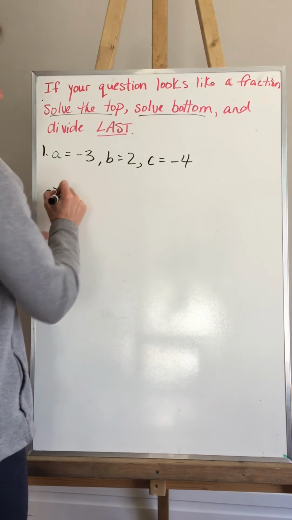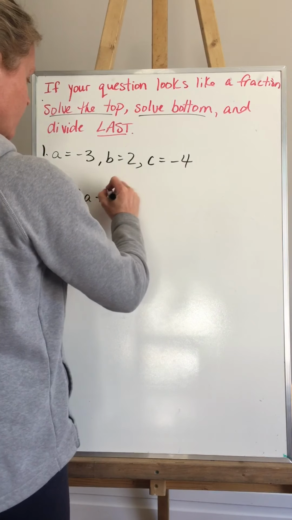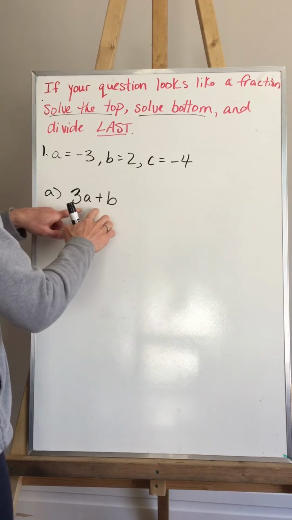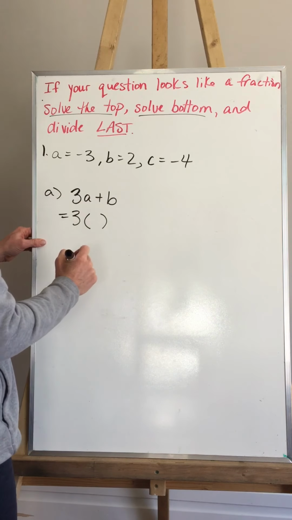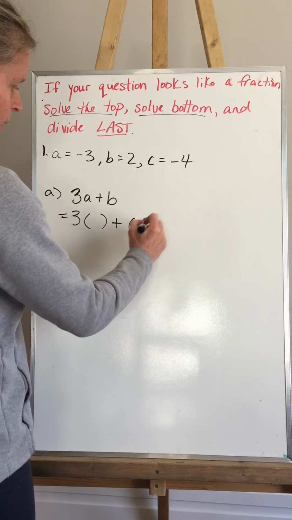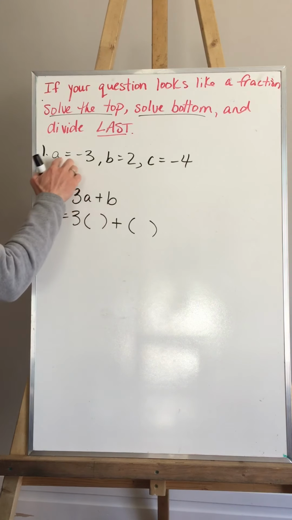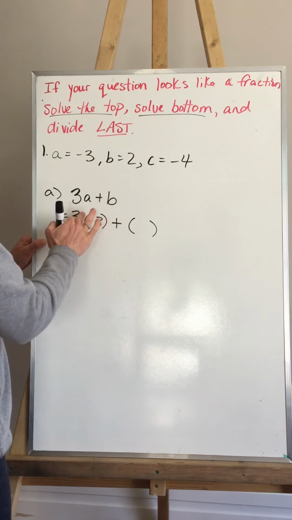And part A for question 1 is 3A plus B. Okay, so this is right from your worksheet. So before I do anything, I'm going to do 3, set up brackets for my A, plus B, set up brackets for B. Now I'm going to put the values in. So A is -3, so -3 goes right there.